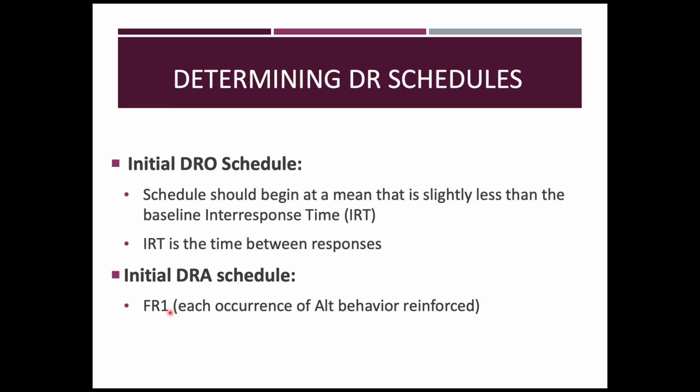Once that occurs, then I could begin thinning this schedule, because an FR1 is a dense schedule, right? And it would be hard to implement for a long period of time.